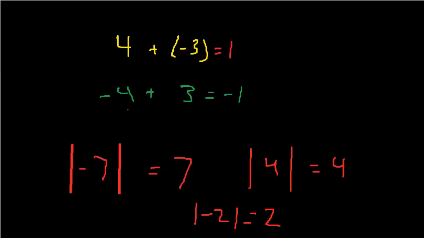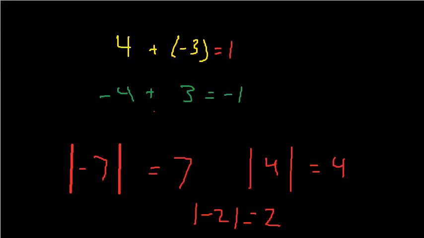-4 has a larger absolute value of 4, so we can take 4 minus 3, right, and that gives us 1. But the 4 had the negative sign, so our answer has to be negative. Again, the idea here is adding numbers with different signs, a negative and a positive.